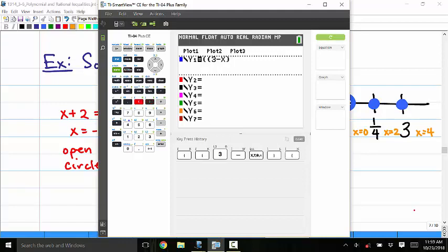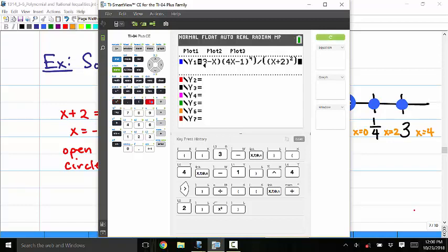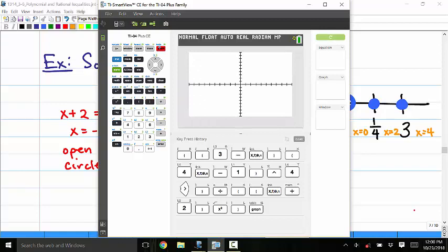What else do I want? 4x minus 1 to the 4th. Okay, I put all of that in parentheses. And then I want to say divided by. Here comes another parenthesis for my denominator. And in my denominator, I want x plus 2 squared. Make sure you put all of the numerator in parentheses and all of the denominator in parentheses. Hit graph.